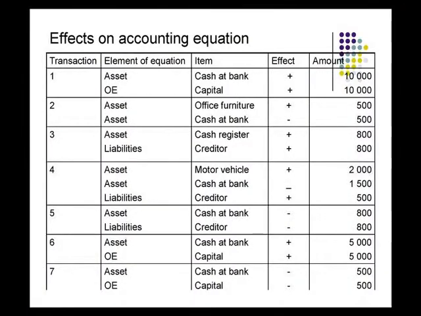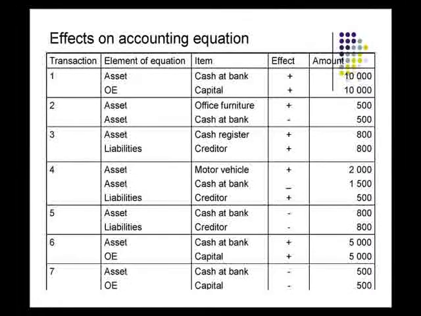Now, we will see how these transactions affect assets, liabilities, and owner's equity. In other words, the basic accounting equation. So if you have a table like this, the first column transaction, rather than writing everything here, and then element of equation, item of accounting equation.